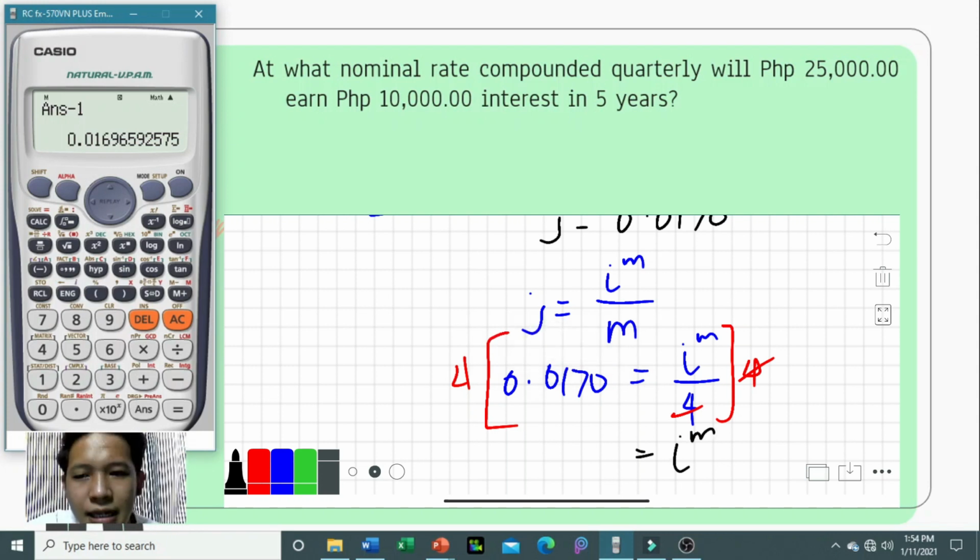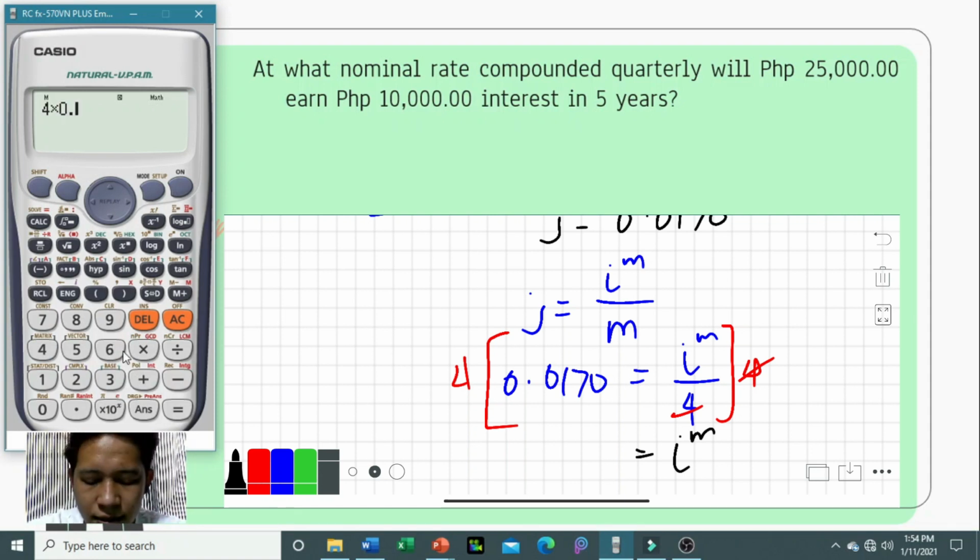So the nominal rate is equivalent to 4 times 0.0170.